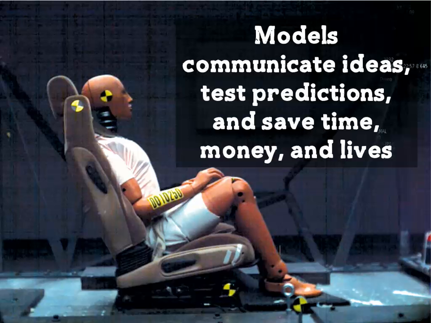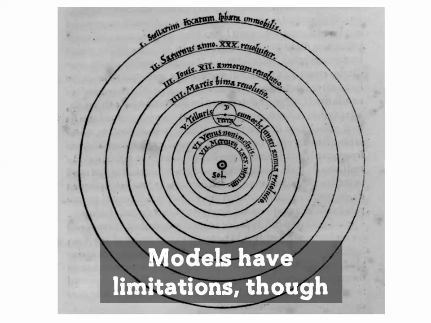Models do have limitations, though. Before, a lot of scientists believed that the Earth was the center of the universe, and they matched the data to create a model with the Earth as the center and everything revolving around it.